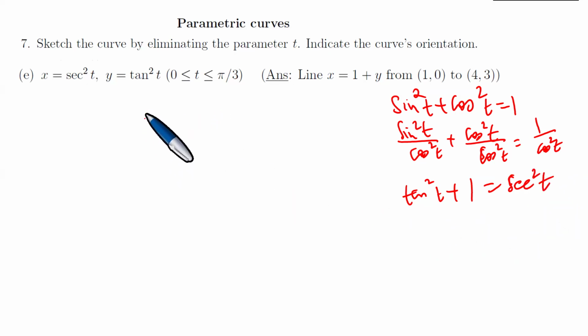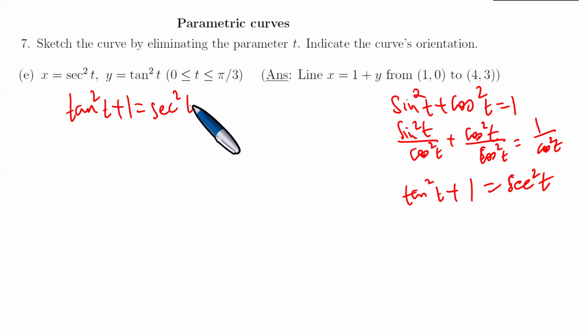Okay. So that's what you're going to do. You know that tan squared t plus 1 becomes the secant squared t. So what is tan squared t? Tan squared t is y plus 1. What is secant squared t? It is x.